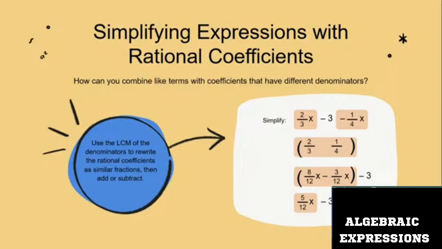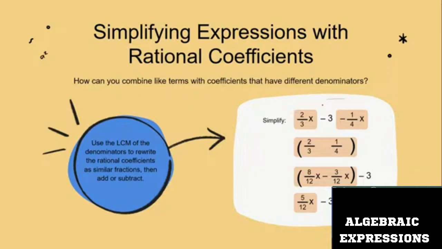So in order to work with algebraic expressions which have got fractions, the first and most important step will be to first deal with the fractions part. To deal with the fractions part, you just need to convert the fractions into whole numbers, or multiply by the lowest common multiple of the denominators.